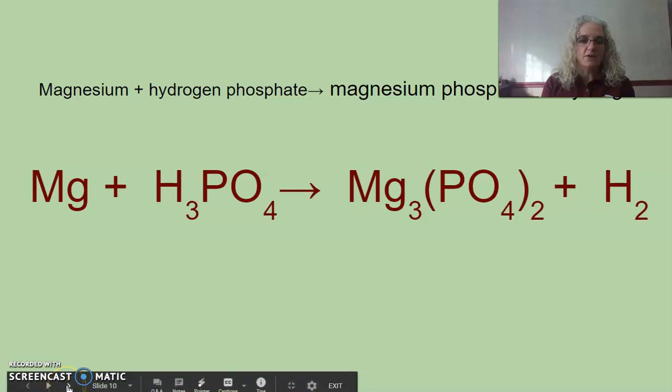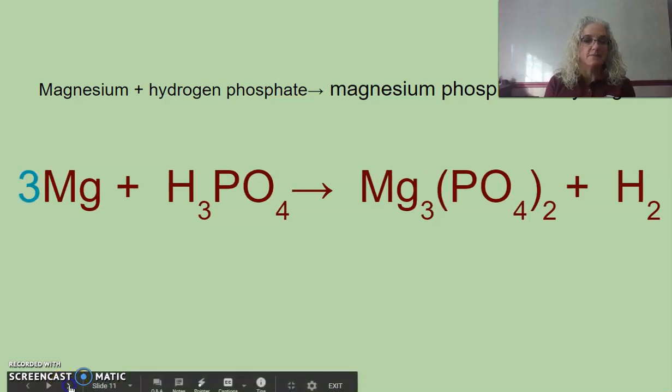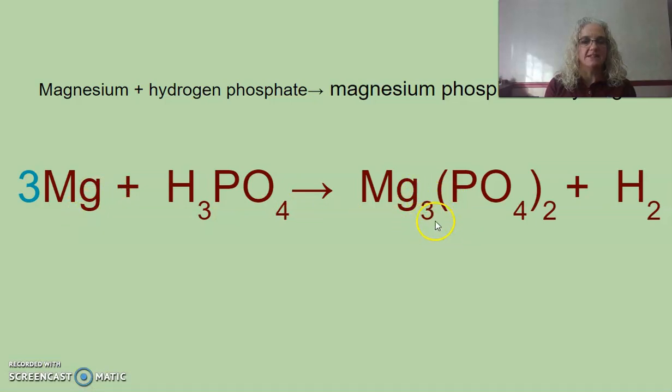To balance those, I'm going to go to the side that needs more, the left side, and put a number in front of magnesium that'll give me a total of 3 magnesiums. By putting a 3 in front, that coefficient multiplies by the invisible subscript 1 to give me a total of 3 magnesiums to balance the 3 magnesiums I have on the other side.